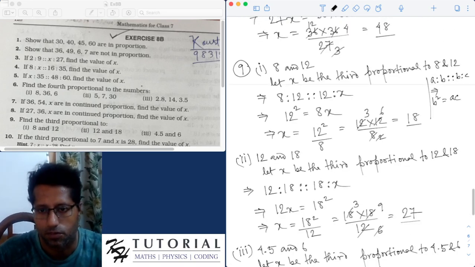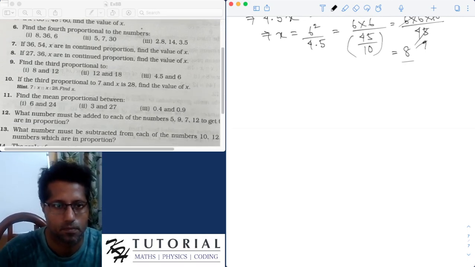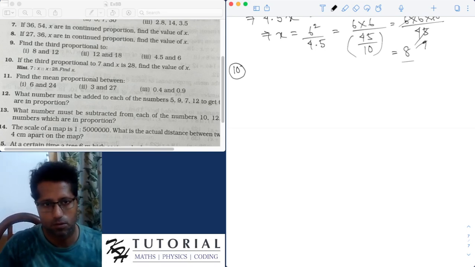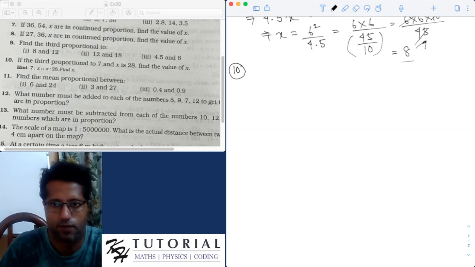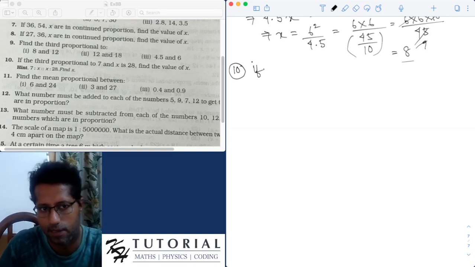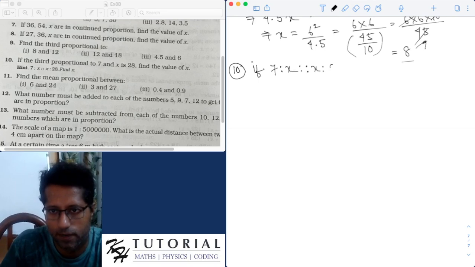This was question 9. Okay, let's do question number 10. If the third proportional to 7 and x is 28, find the value of x. It is given that the third proportional to 7 and x is 28, so 7, x and 28 are in continued proportion. This means 7 is to x is equal to x is to 28.